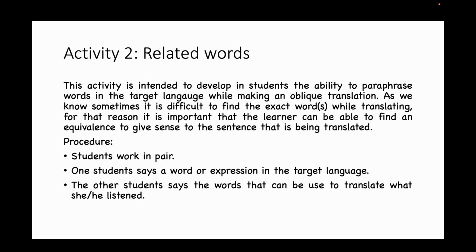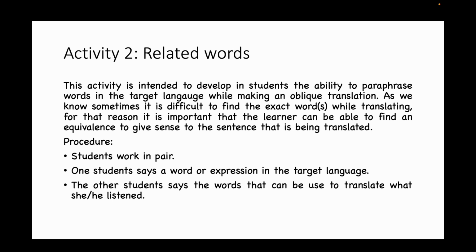So in this activity, which I call related words, once again, I pair up my students. Then one of my students says a word or an expression in the target language. For example, I would say a piece of cake. So the other student has to say words that can be used to translate what he or she said.